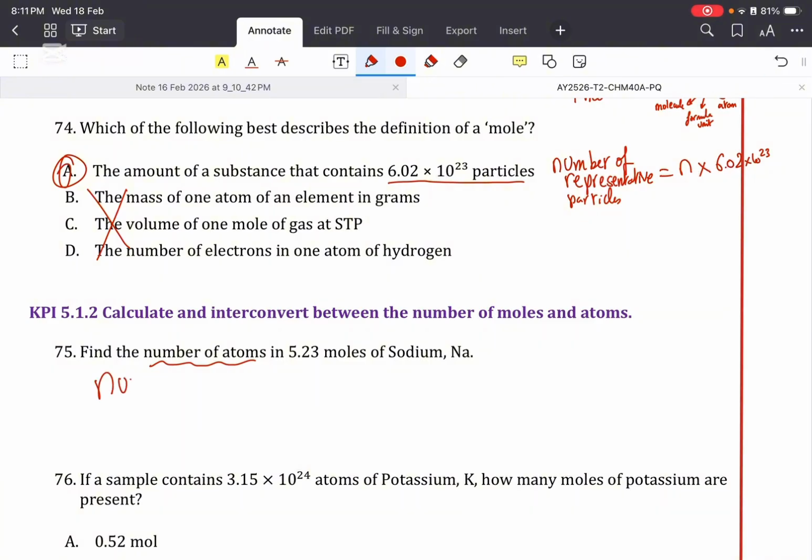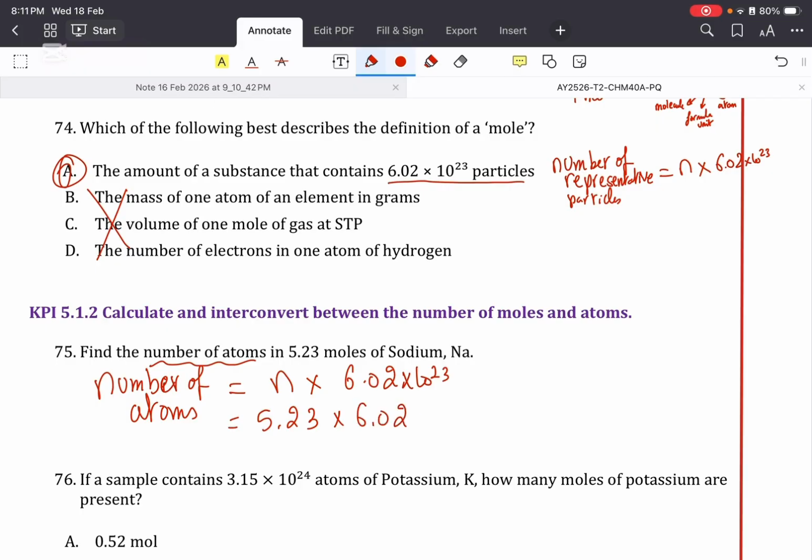So the number of atoms is equal to the number of moles multiplied by Avogadro's number. That is going to be 5.23 times Avogadro's number, which is equal to 3.15 times 10 to the power 24 atoms of sodium.